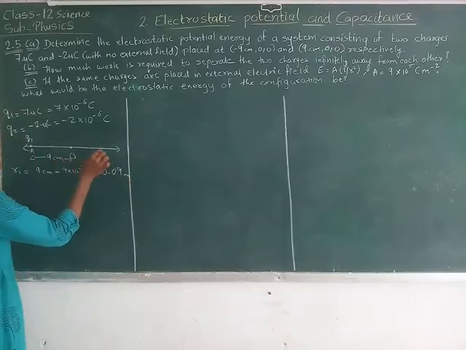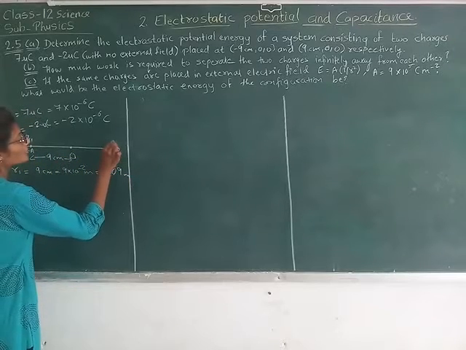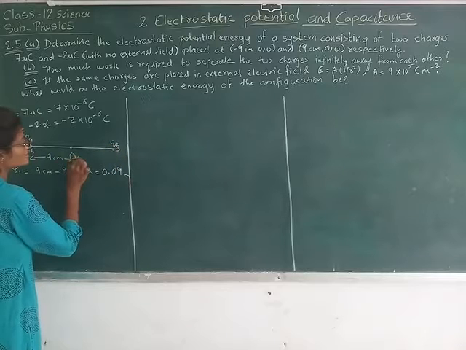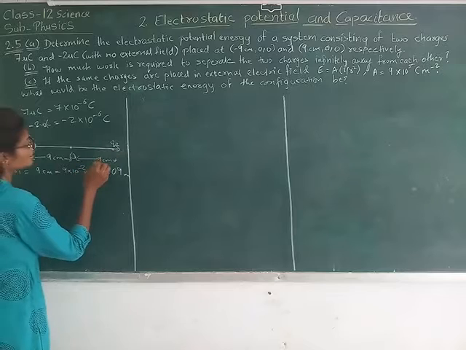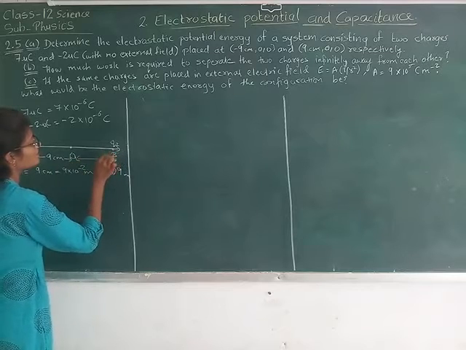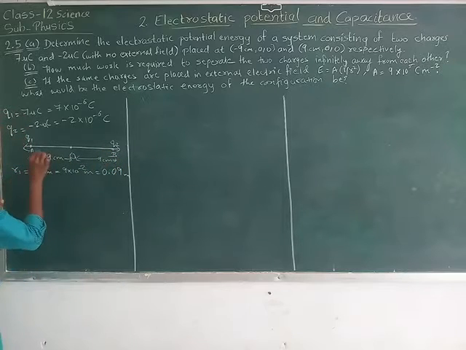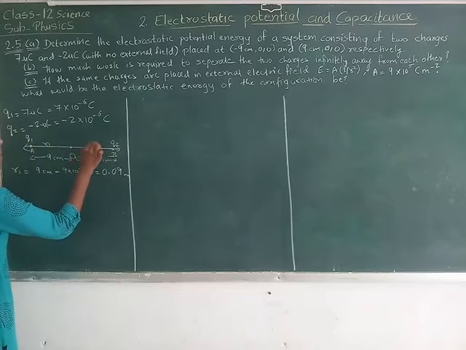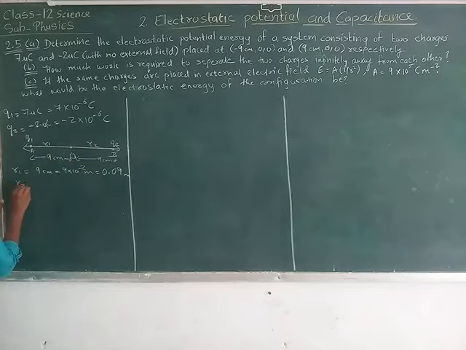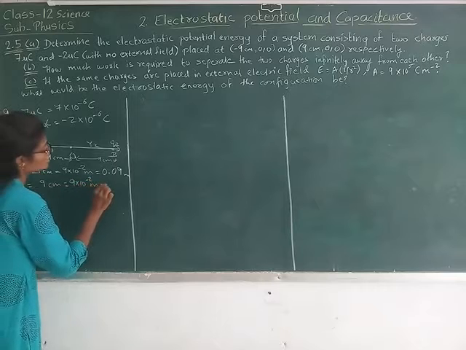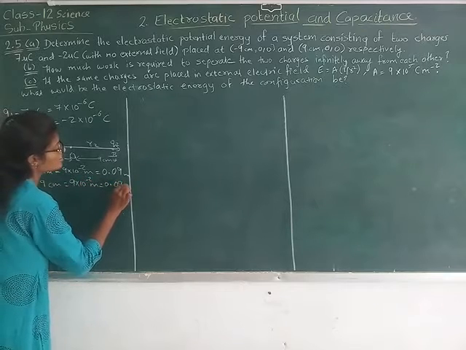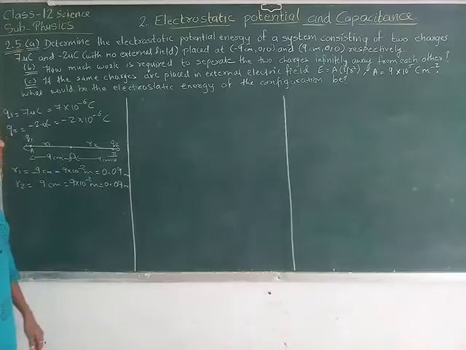In the same way, another charge Q2 is to be placed at a distance 9 centimeter away from the origin towards the right hand side, right? Let us term that as point B. So let this be R1 distance, let this be R2 distance. So R2 is again 9 centimeter, 9 into 10 raised to minus 2 meter, or you can say 0.09 meter.